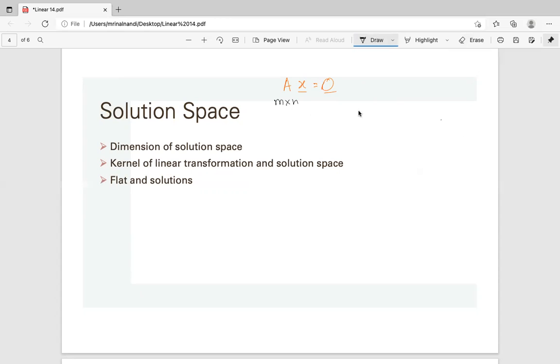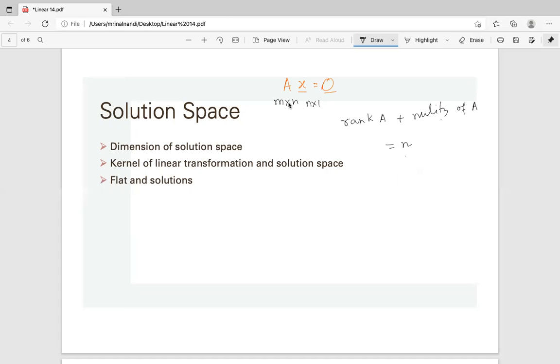The number of variables is n. So from the rank-nullity theorem, we know that the rank of A plus the nullity of A must be equal to n.